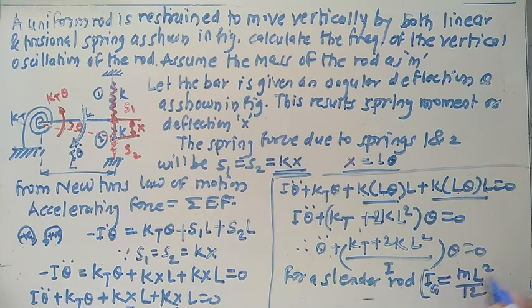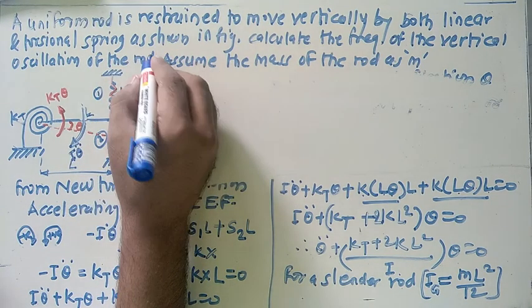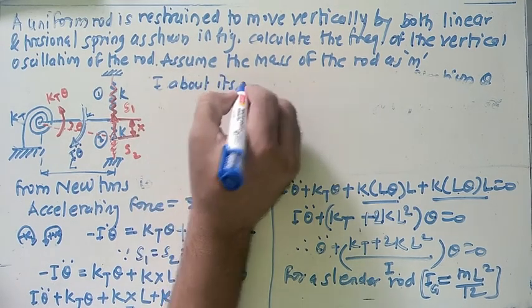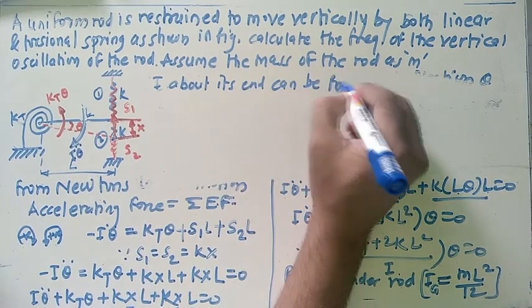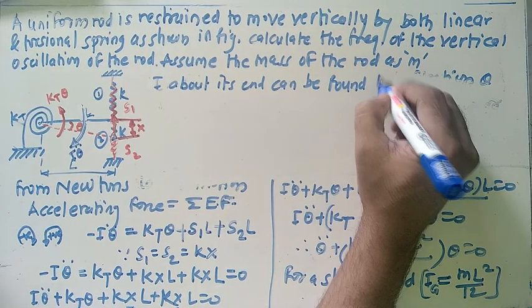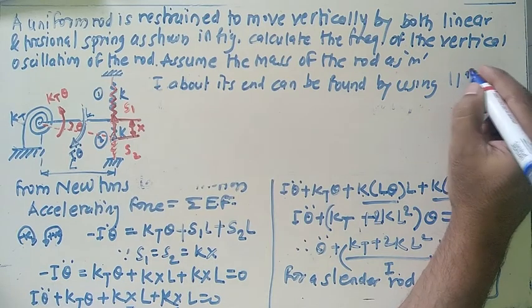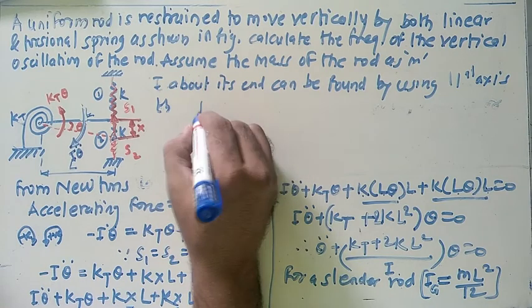My target is to get the value for this I about its end, which can be found easily by using the parallel axis theorem.